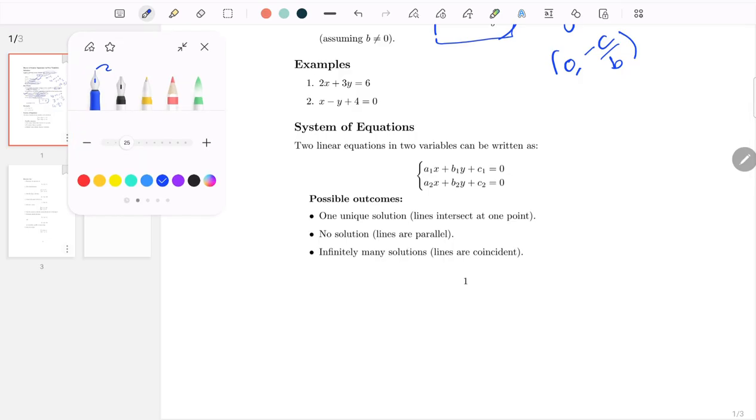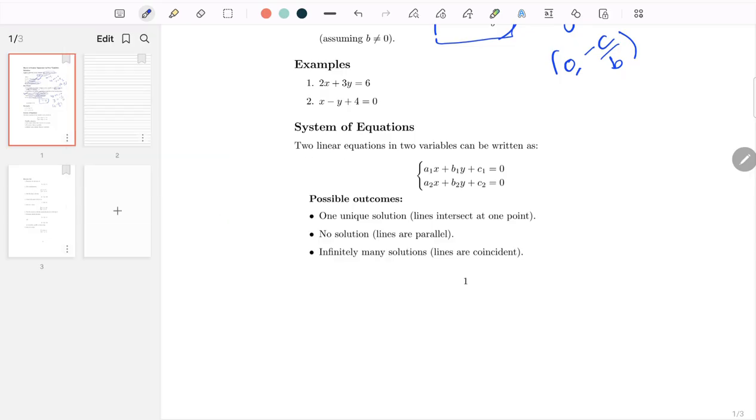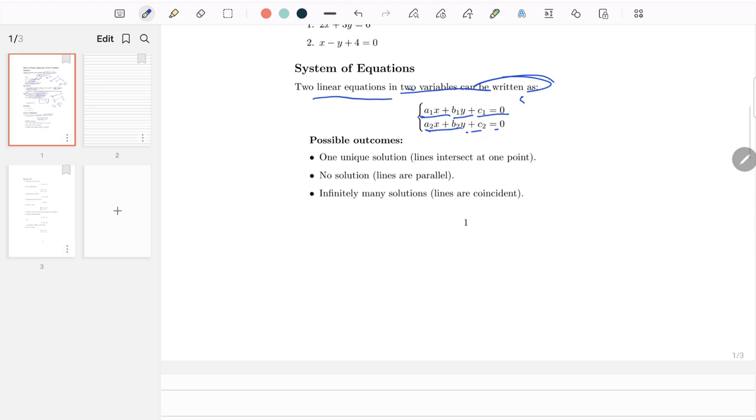Now, a system of equations. Two linear equations in two variables can be written as a1x plus b1y plus c1 equal to 0 and a2x plus b2y plus c2 equal to 0. This is the system of equations, and we need to solve it. There are three possibilities.